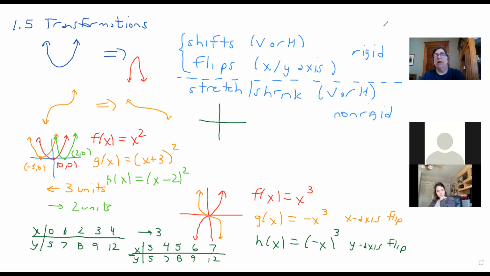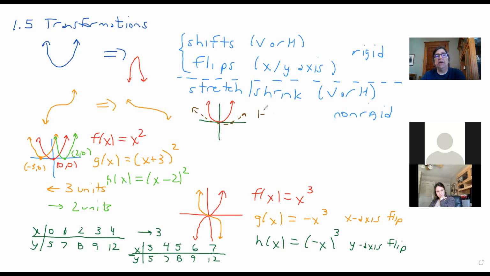So if I start with a parabola, if I did a horizontal shrink on this one, I would take the parabola and make it wider horizontally. So my parabola would now look like this. So something like that, a wider looking parabola.